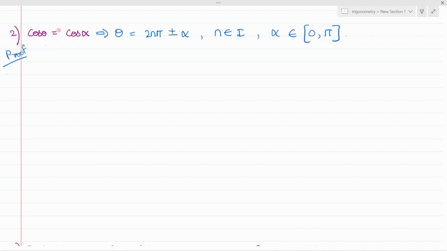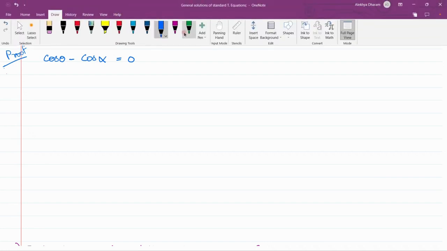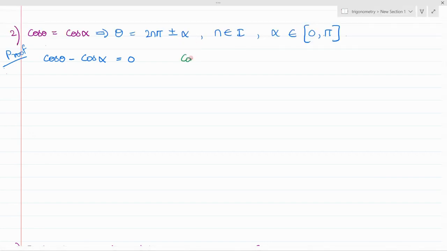You can write it as cos theta minus cos alpha equals 0. So you can use the formula cos C minus cos D, which is nothing but minus 2 times sine of (C plus D) by 2 into sine of (C minus D) by 2.